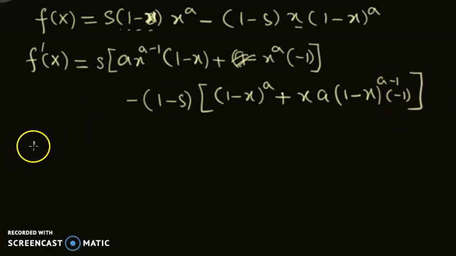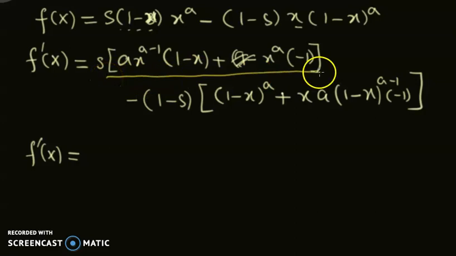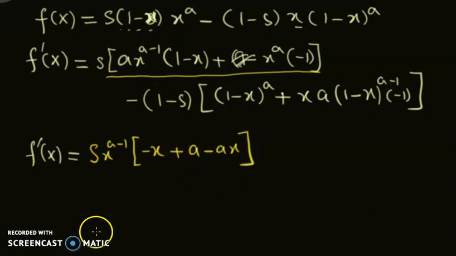So f prime at x is going to be equal to, okay, so from this bracket, if we take x to the a minus 1 as common, then we get s times x to the a minus 1 is common, so this will be minus x. And what we get here, so here this guy will go away, and we will get a minus ax.